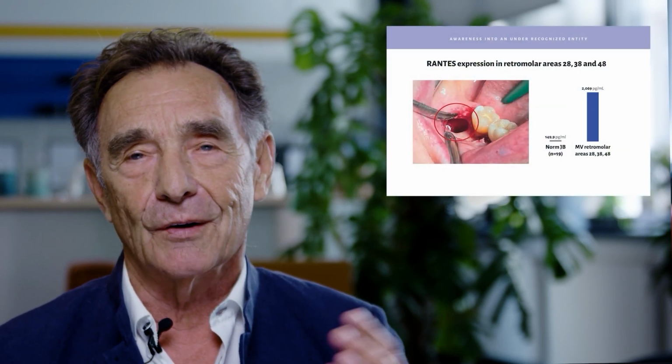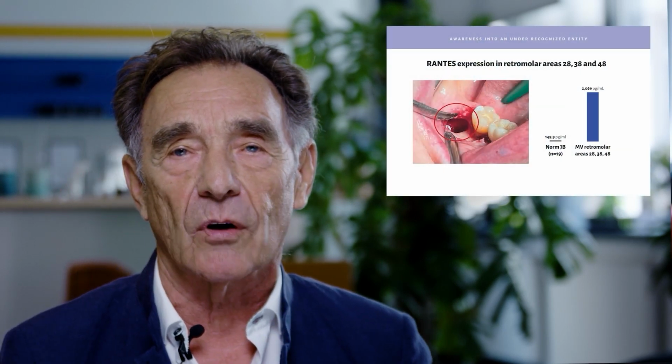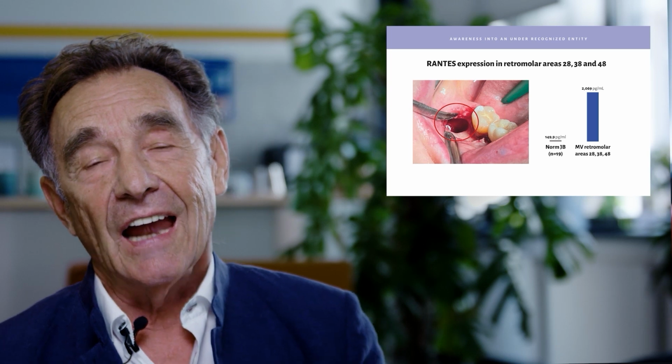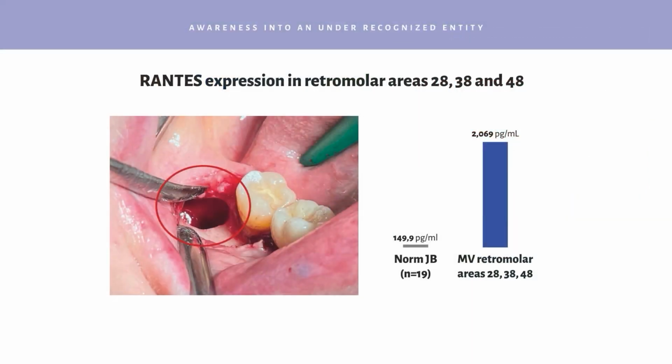The next picture shows how a surgery in this left lower area looks. In 3 of these retromolar areas together in this patient, we have a RANTES overexpression of 2,000. This is more than 20-fold compared to healthy jawbone, 149 picograms per milliliter.